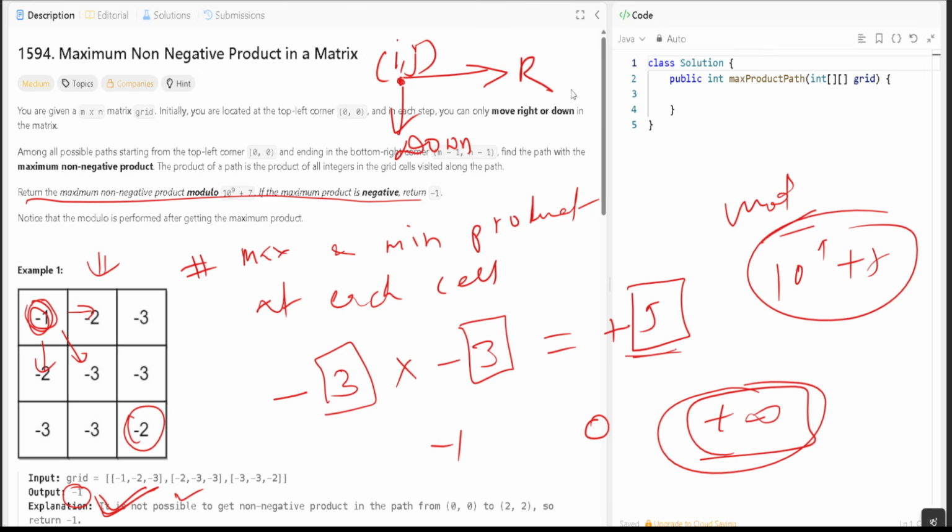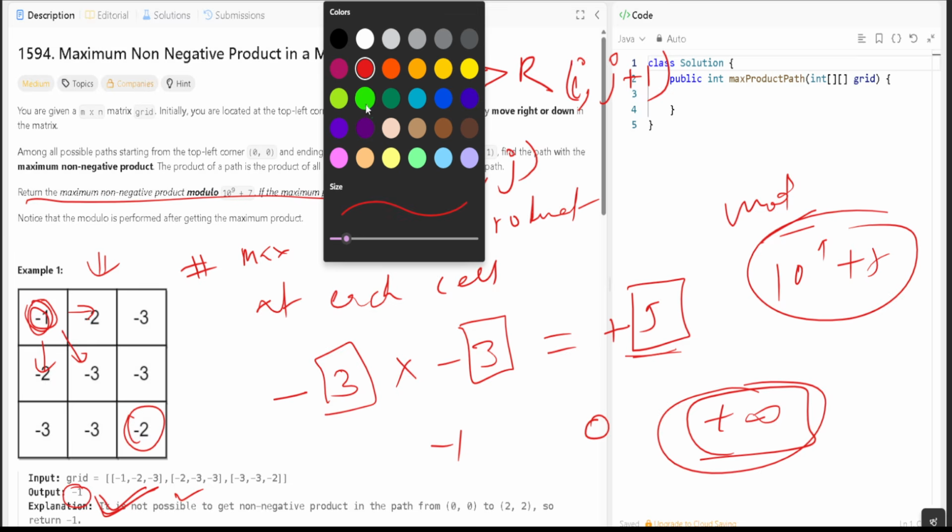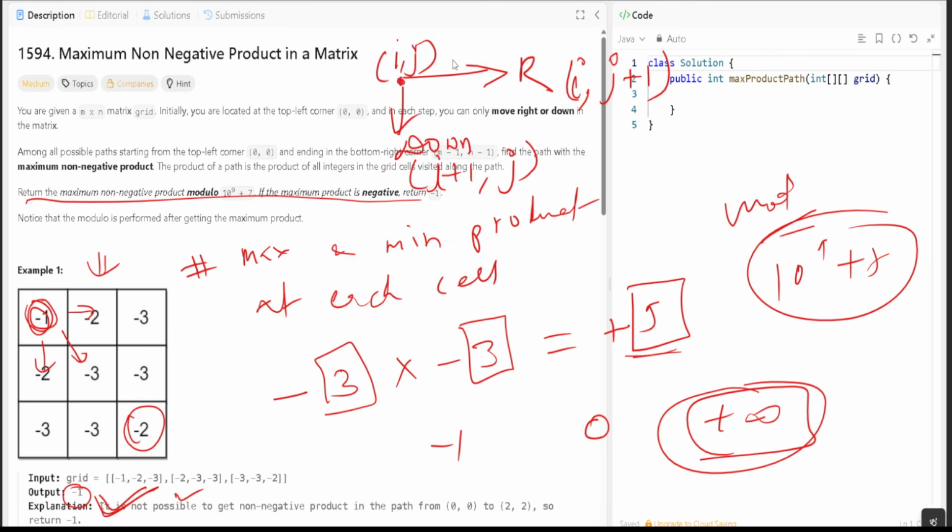If it is moving to the right, I will remain the same, the row will remain the same, only the J column will increase, J plus 1 will happen. For the down, I plus 1 will happen and J will remain the same, correct? So you should understand these two things, because we should understand the move.